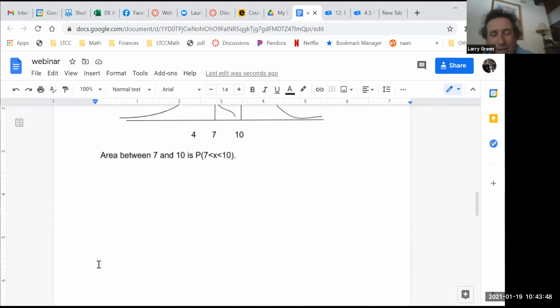So let me give you an example. Okay, and let me first write down a definition. A distribution is called uniform if the PDF, probability distribution function, so that's that curve that I drew, is horizontal.